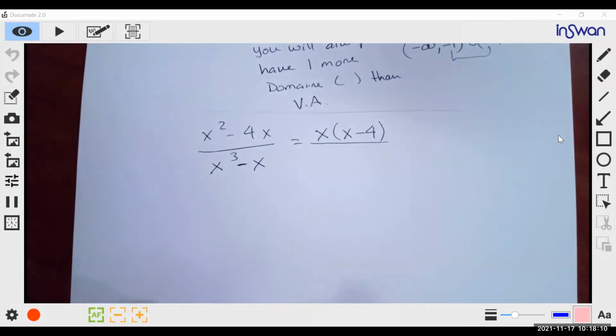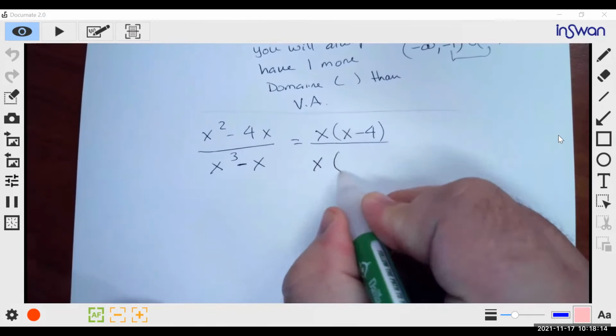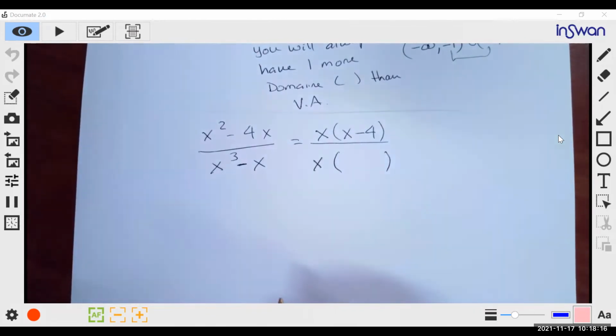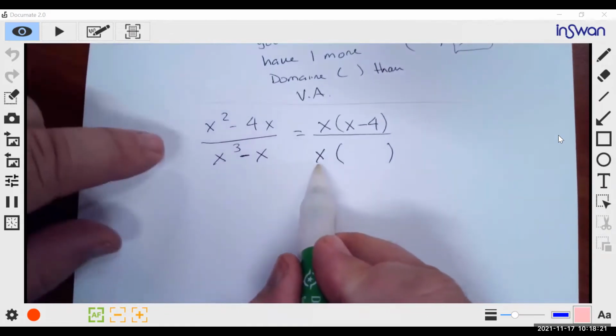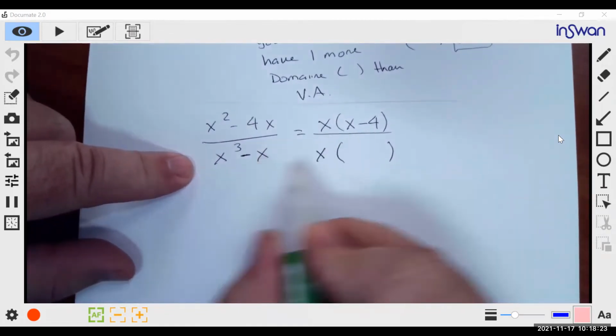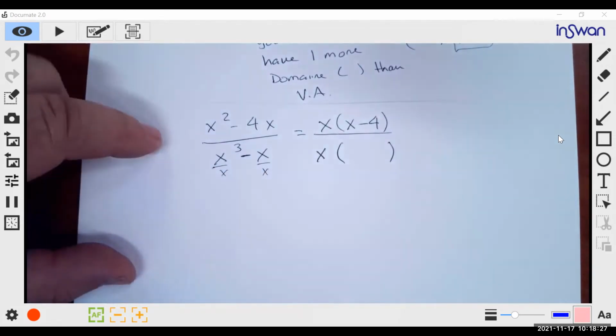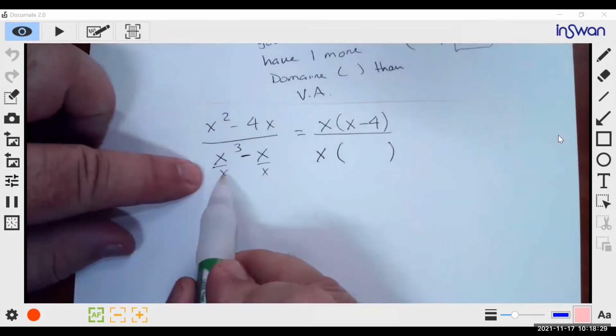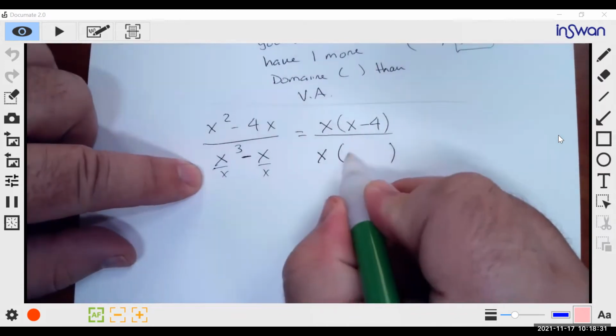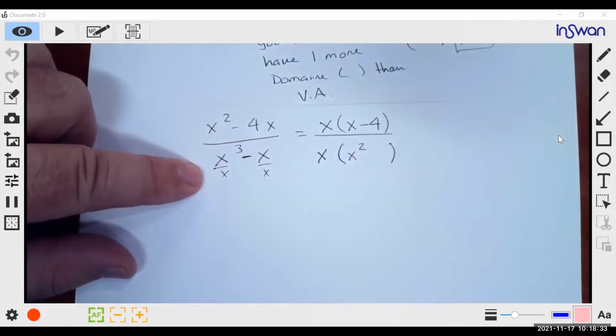So how about in the bottom? They both have an x. If I take out 1 x, what do I have left? So remember, whenever you factor something out, to figure out what goes in here, divide both of these by what you factored out. X cubed divided by x leaves us 2 x's left.